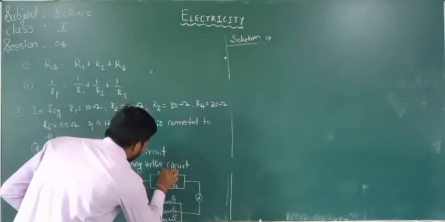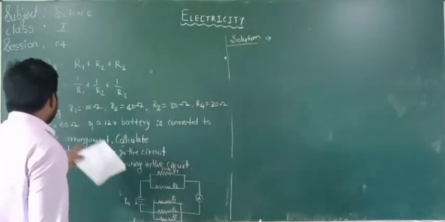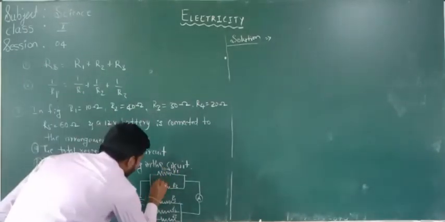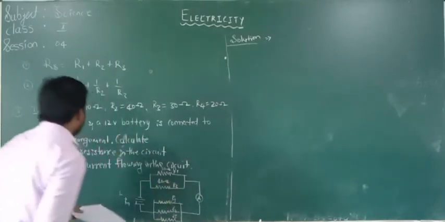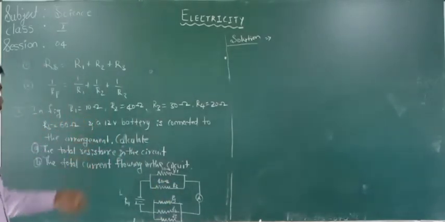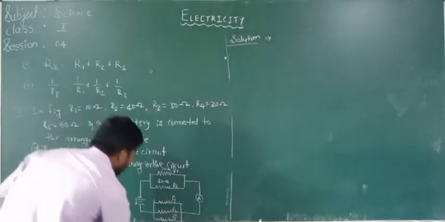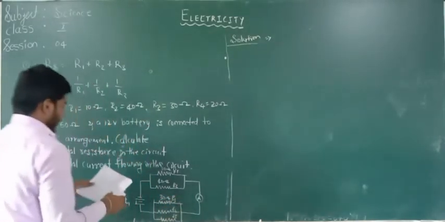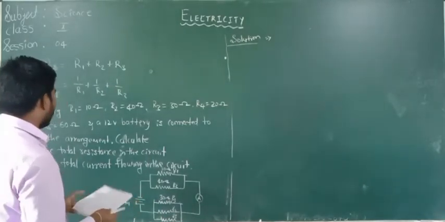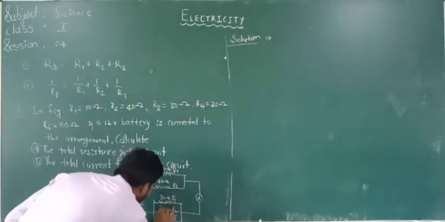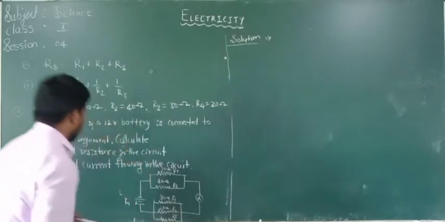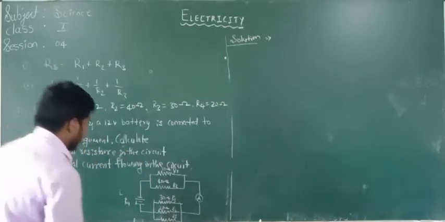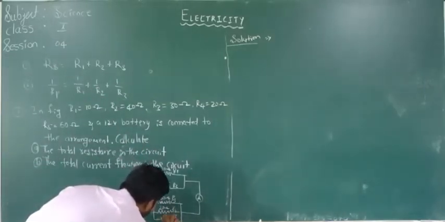We write down here R2, the value of R2 is 40 ohms. The value of R3 is 30 ohm. Next, the value of R4 is 20 ohms. The value of R5 is 60 ohm.